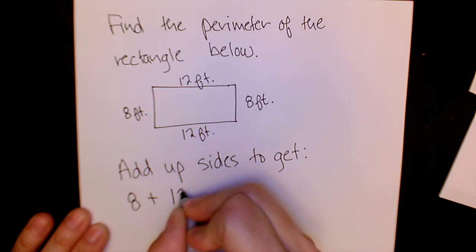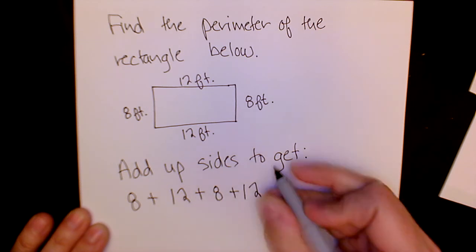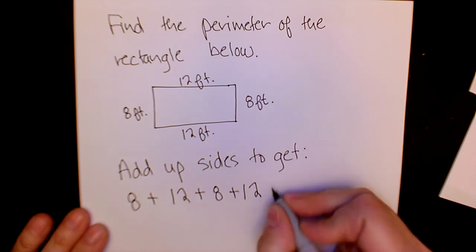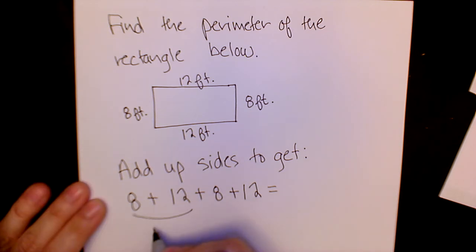And we're in feet, so make sure that your final answer contains the word feet. So let's see, 8 and 12, we've got 20.